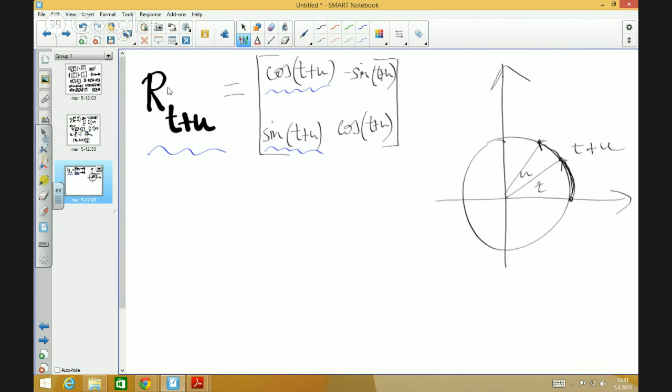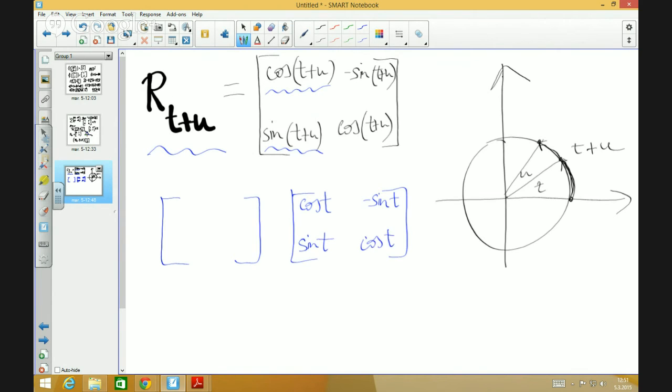So what is this multiplication? Multiplication of two matrices. In this case, actually, the order of the matrix multiplication does not matter, because you could do the rotation in either order. You will still have rotated by t plus u. So let's say I first rotate by t according to my picture. I have cosine t, minus sine t here, cosine of t here.